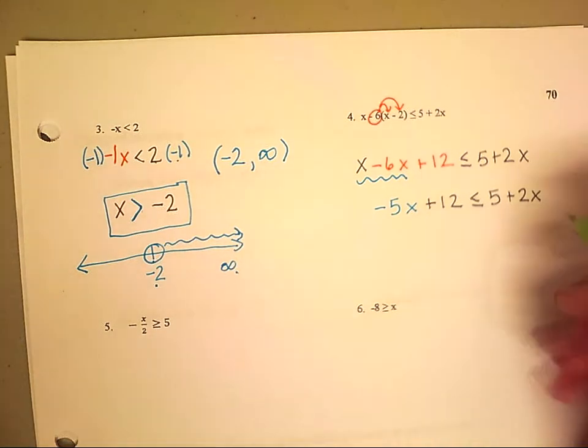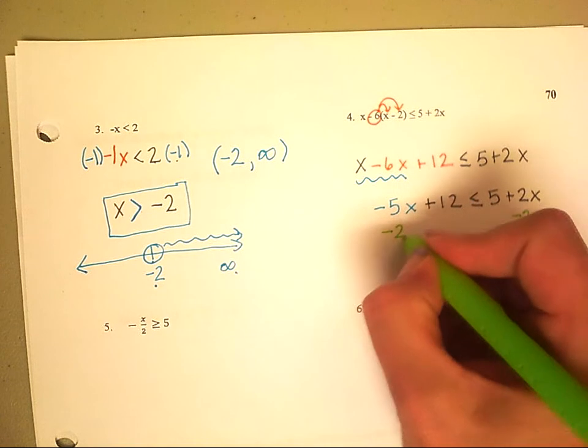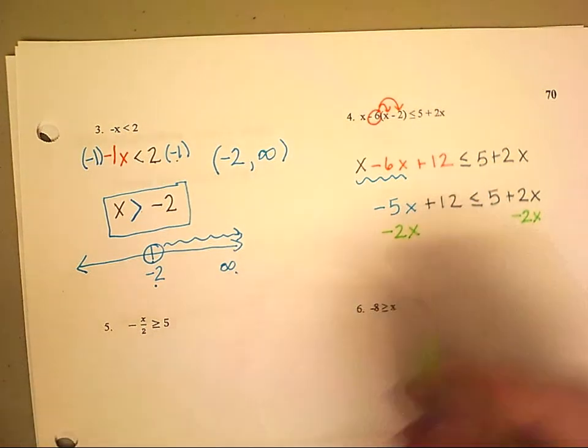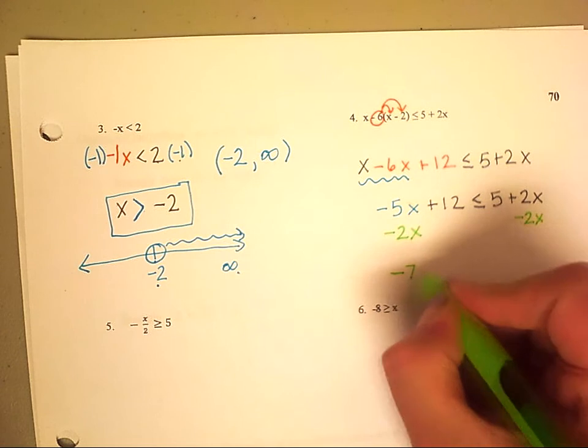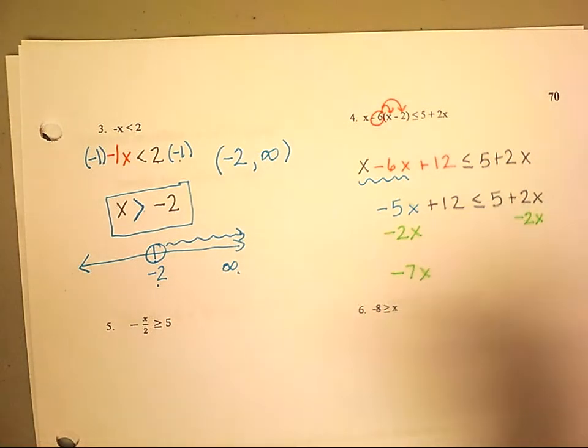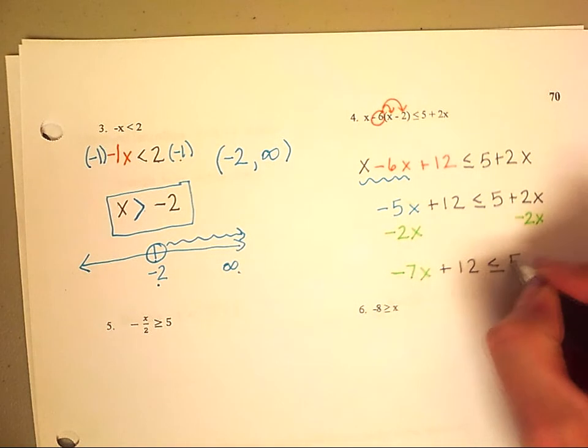Okay, now let's get the x's on one side. Maybe I'll subtract 2x. When I do that, this does not become 0. This becomes -7x plus 12 less than or equal to 5, and this goes to 0.